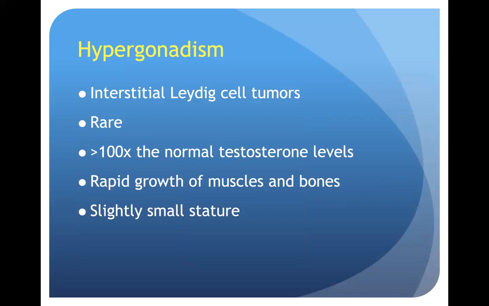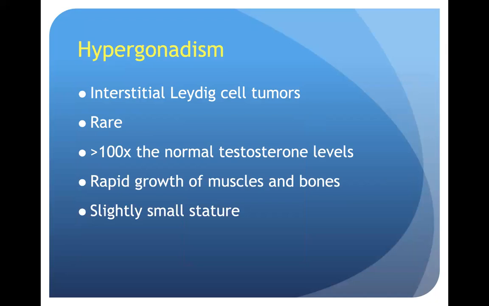Okay, what if may hypergonadism ka naman? So, mas madami than usual, and this can be due to tumors ng Leydig cell. Although this is very rare, okay, it may lead to 100% increase ng testosterone, which may lead to rapid growth of muscles and bones.